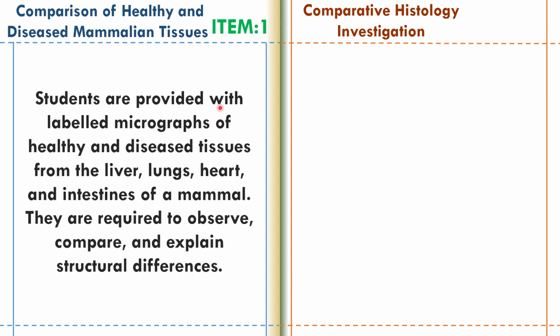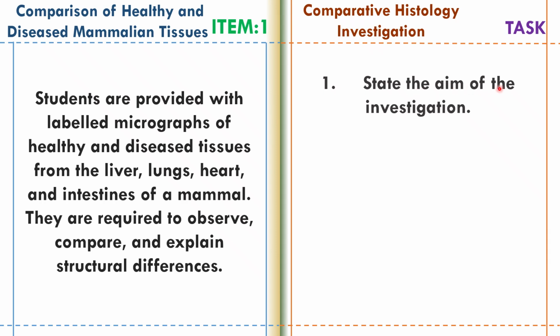Students are provided with labeled micrographs of healthy and diseased tissues from the liver, lungs, heart, and intestine of a mammal. They are required to observe, compare, and explain structure differences. Task.